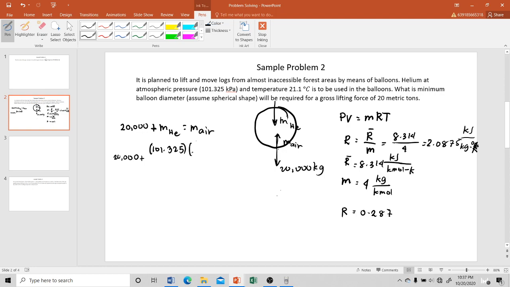101.325 kPa times the volume, and the gas constant of helium is 2.0875, and then the absolute temperature, which is 21.1 plus 273.